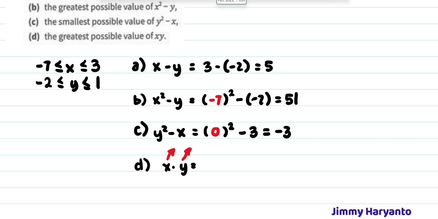Yeah, so we can do this instead. Negative 7 is the largest for the x and y will be negative 2 for the largest, because when we multiply negative and negative it will become positive. Yeah, it will give us the positive number, which is the largest one.